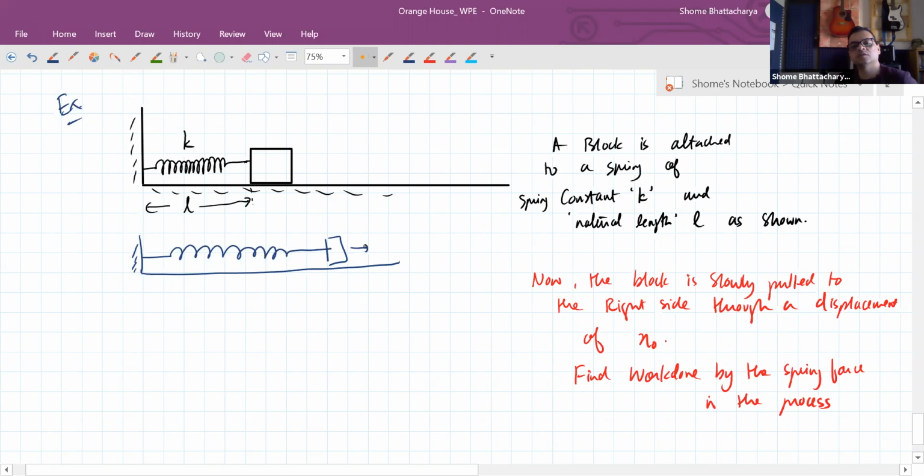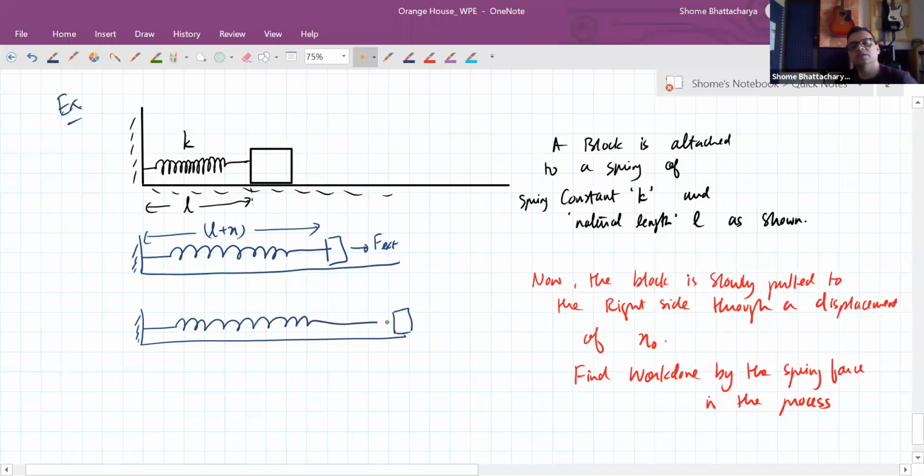Okay. So we apply some kind of external force so that stretching like this, and eventually it reaches a position where it has been displaced through a net value of this. So this is the final position.